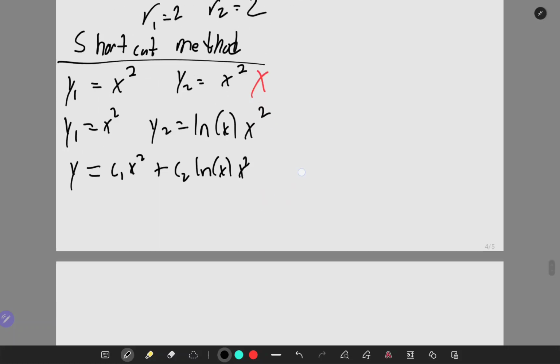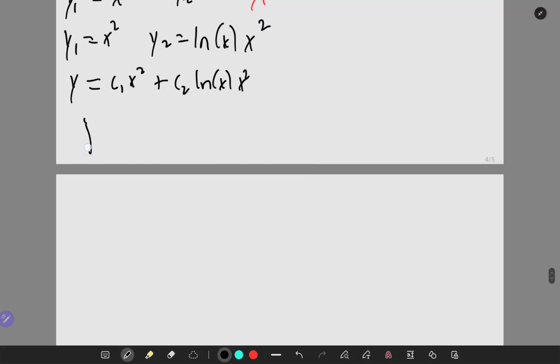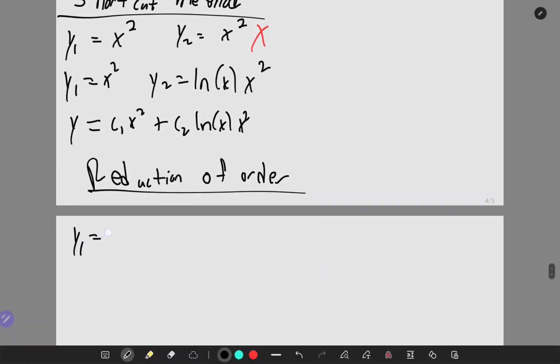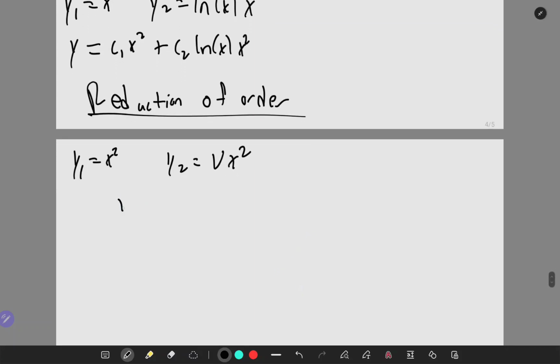But now we need to use reduction of order, right? Because that's what it asks for. But it's a good way to check. Okay, so now remember, our y1 is x squared, and our y2 would then be v x squared. Take the first and second derivatives.